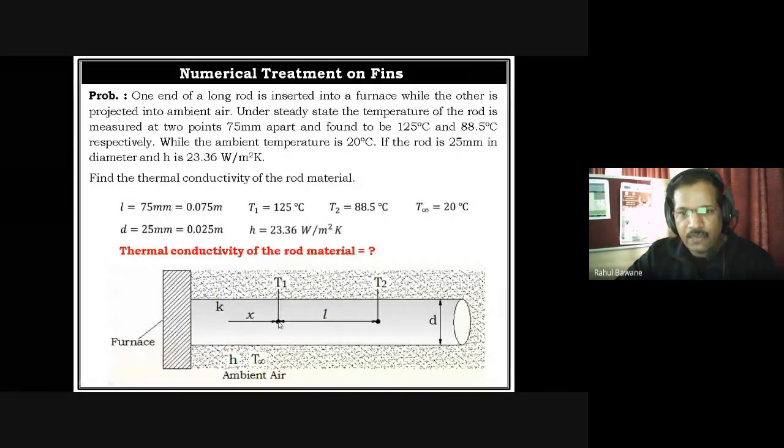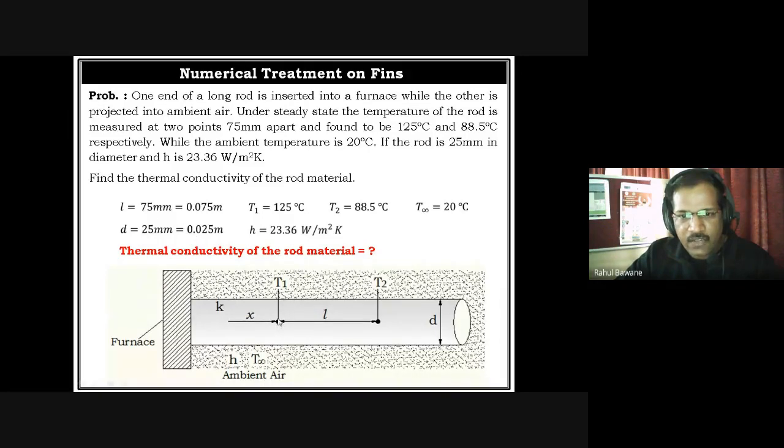So anywhere two points are marked, that distance is 75 mm apart, and we measure with the help of any temperature measuring instrument. At this particular first point, temperature is T1, that is 125 degrees centigrade, and after 75 mm, second point T2, which is 88.5 degrees centigrade.